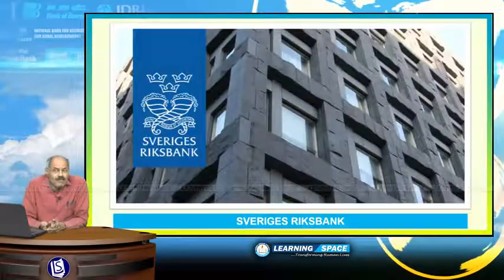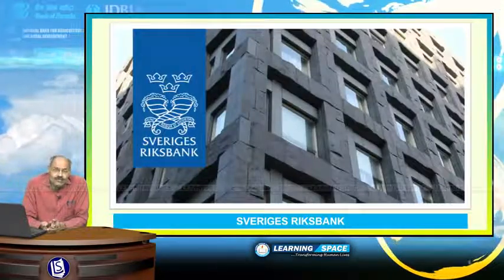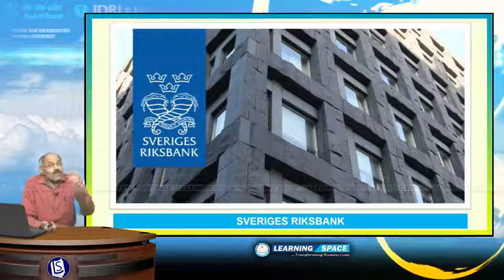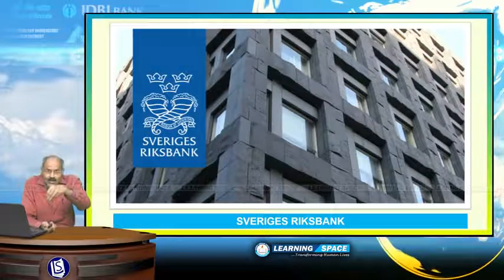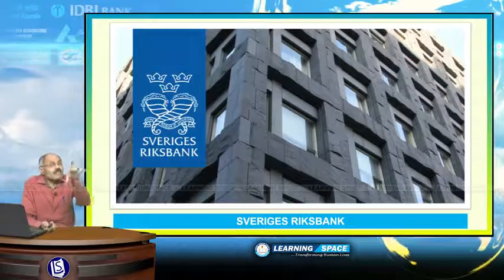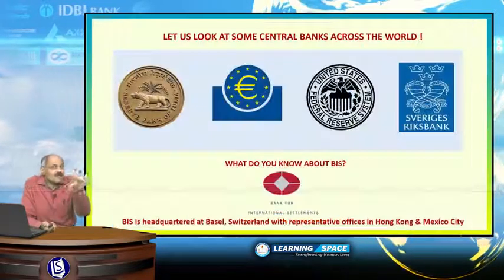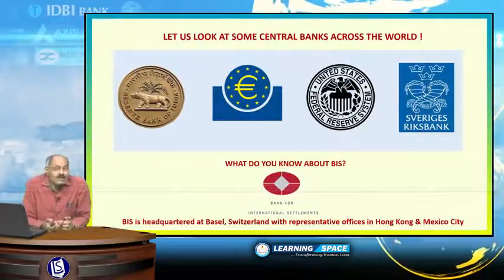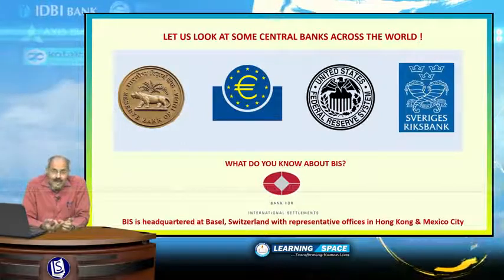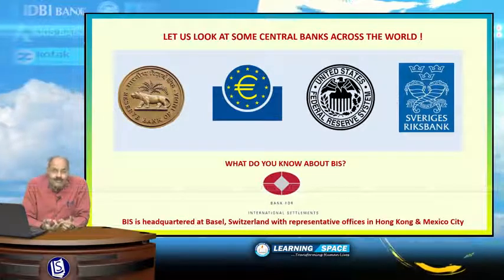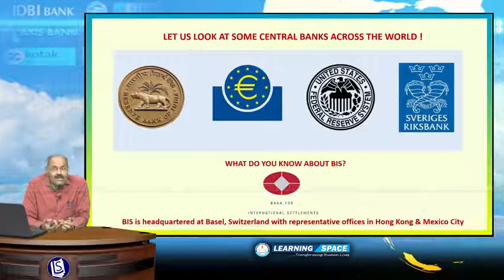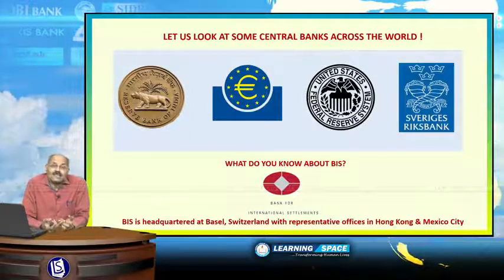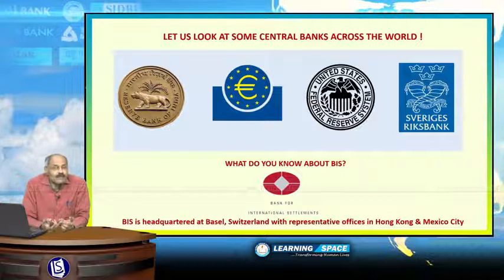And look at another central bank, that is the Sveriges Riksbank. This is the central bank of Sweden. This is the oldest central bank in the world. So I have given for example these 4 central banks: Reserve Bank of India, European Central Bank, then Federal Reserve for United States of America, then Sveriges Riksbank, the central bank of Sweden.